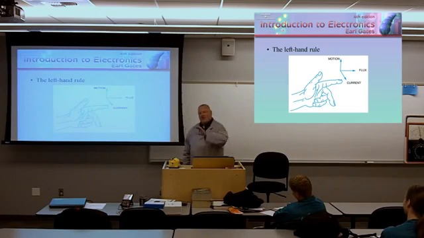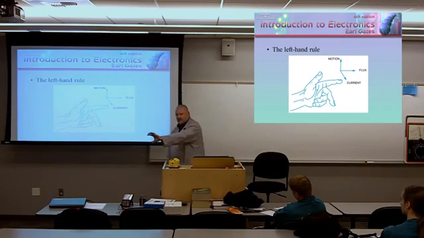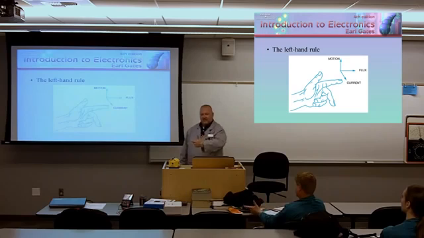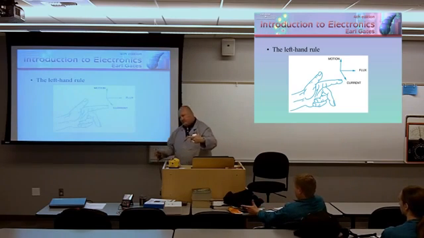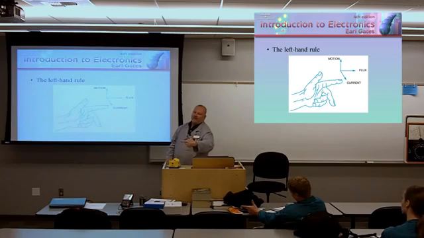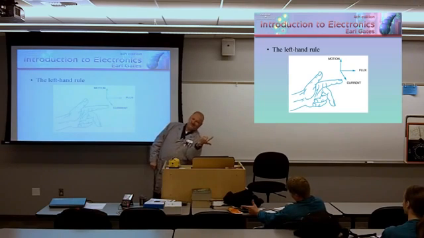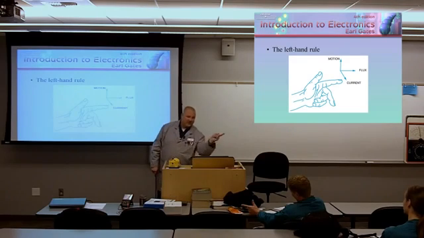Anyway, so I've got a north pole here, a south pole here. Remember that, north here, south here. So that means the lines of flux are going which way? North to south. So I'm going in this direction.